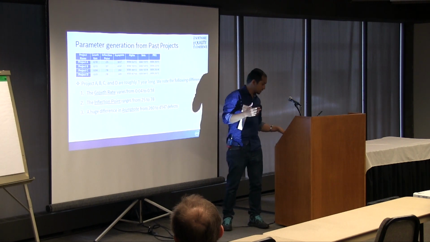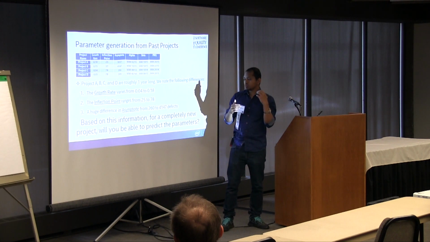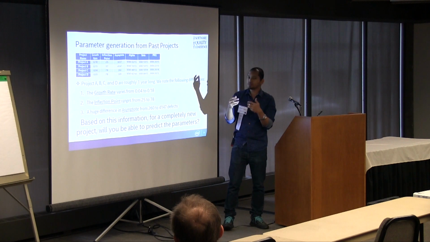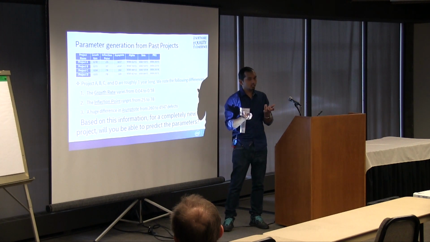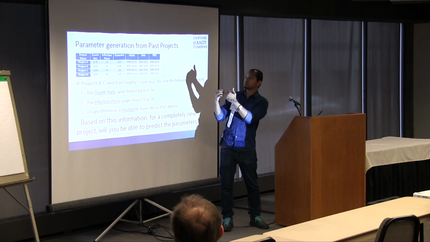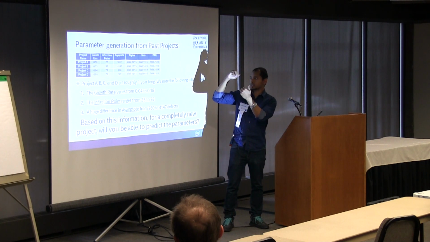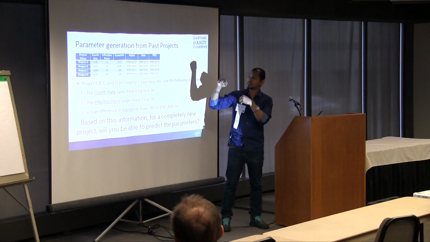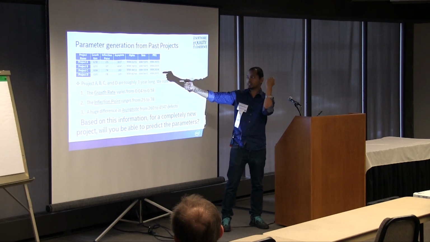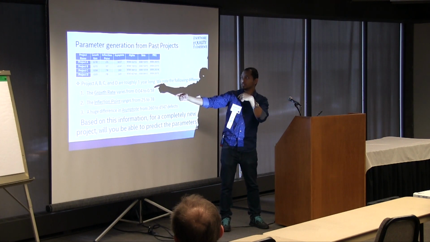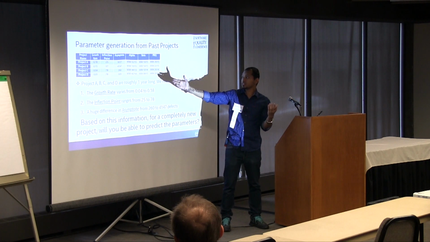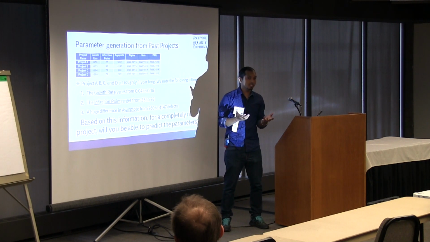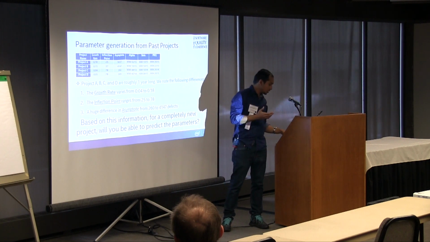My question to you is: based on just this information, will you be able to predict for a completely new project? You see the growth rate goes down from 0.18 way down to 0.04, the inflection point goes from 25 to 78, and you see 4,000 defects at one point and 200 defects at another. So what do you think?